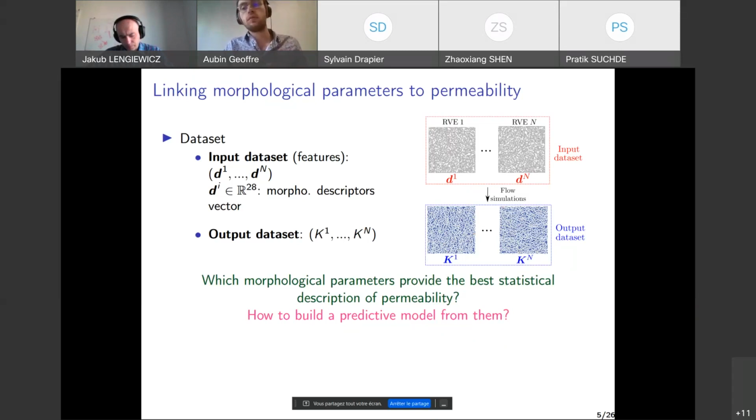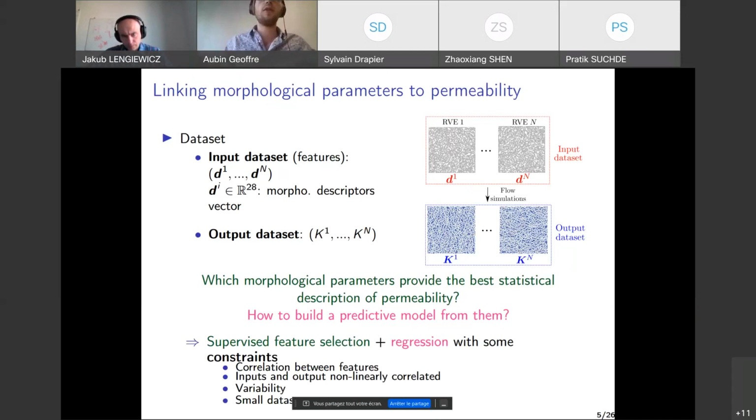In machine learning vocabulary, the first question is a problem of supervised feature selection: which subset is the best to describe an output? The second question is a typical regression problem. In addition, we have some constraints.